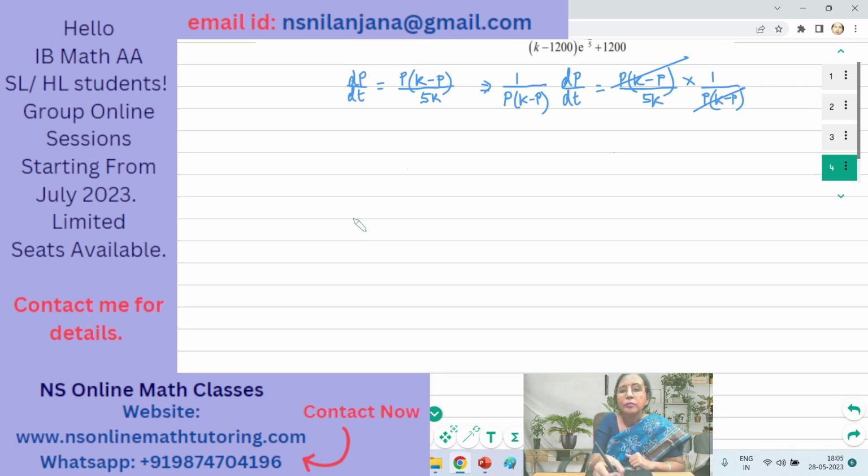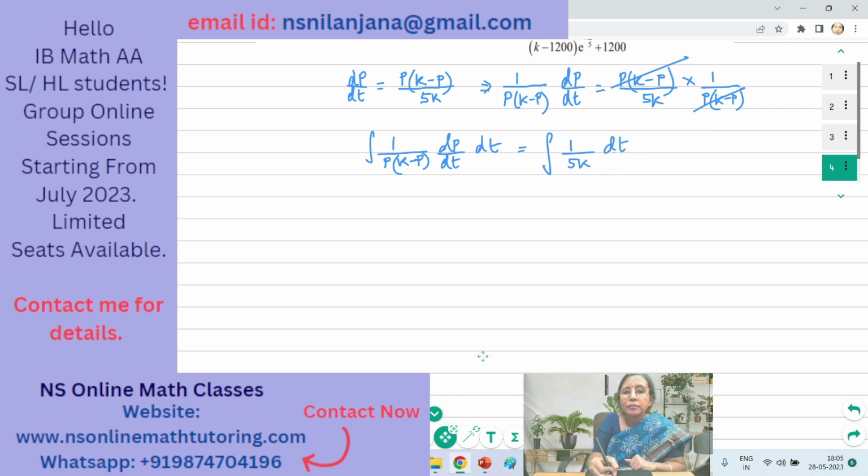Therefore, we will be writing this as 1 over P times (K minus P) dP dt, and we are integrating with respect to T, so it is dt equal to 1 over 5K dt.